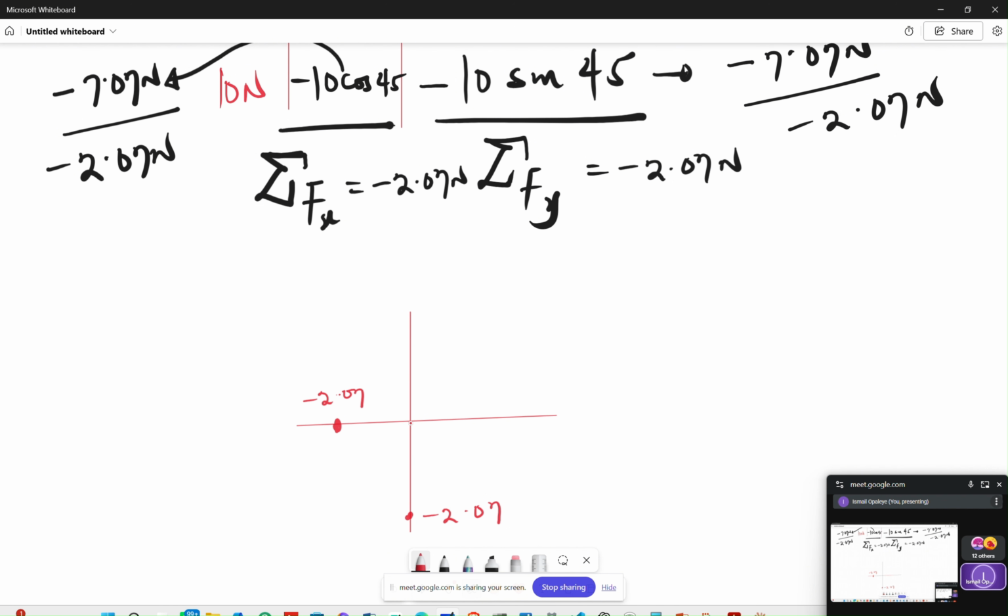So you have this one, which goes this way. That's where you have the arrow. And then you have this one, which goes that way. That's where you have the arrow. Okay, so they are joined together tail to tail. So you are going to use your parallelogram law of vector addition.